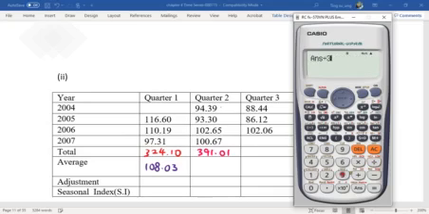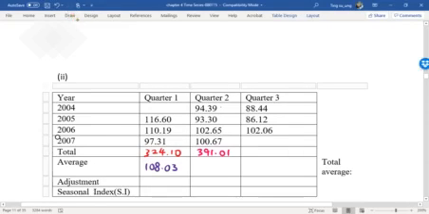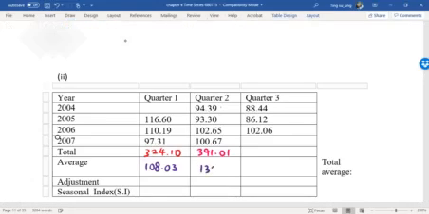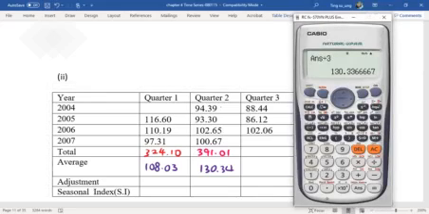391.01, you divide by 3. Okay, you have 130.34. Oops, it's not 3 but 4, sorry.